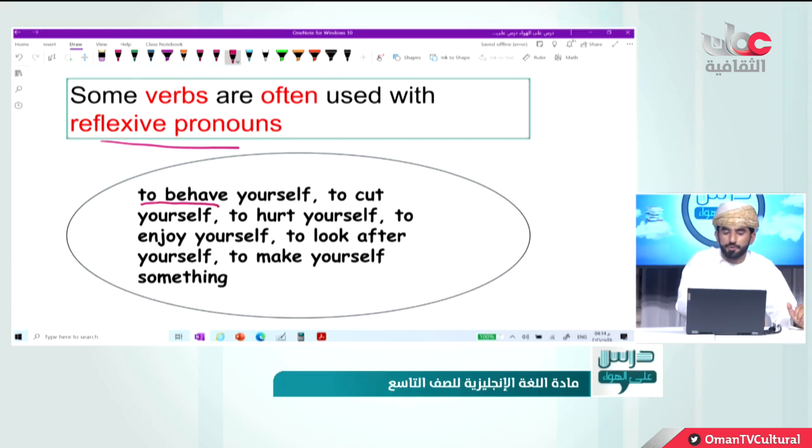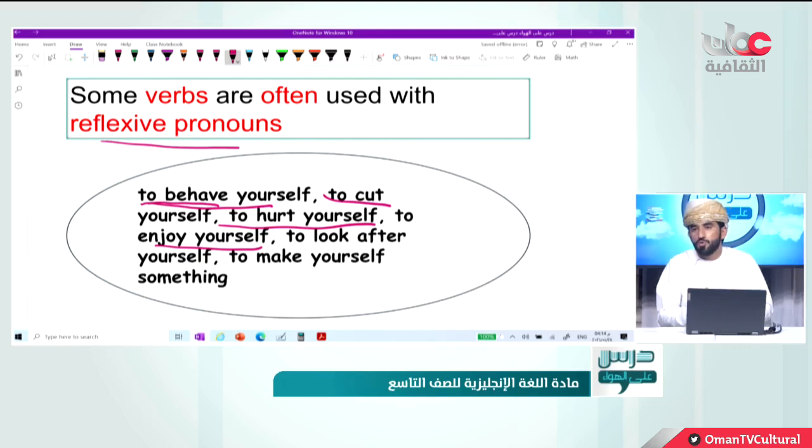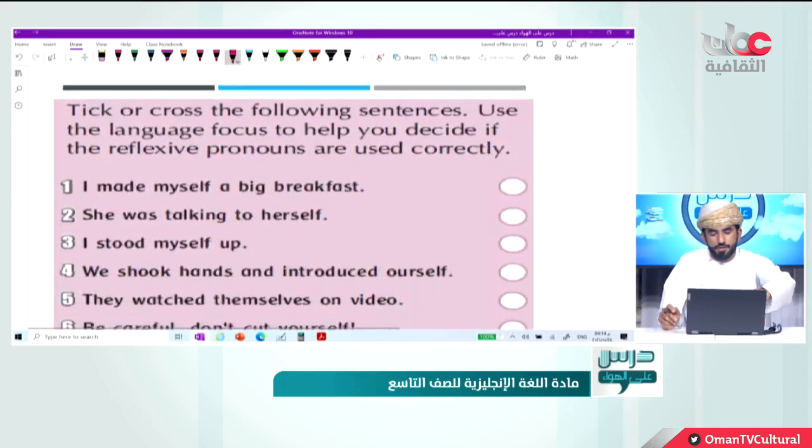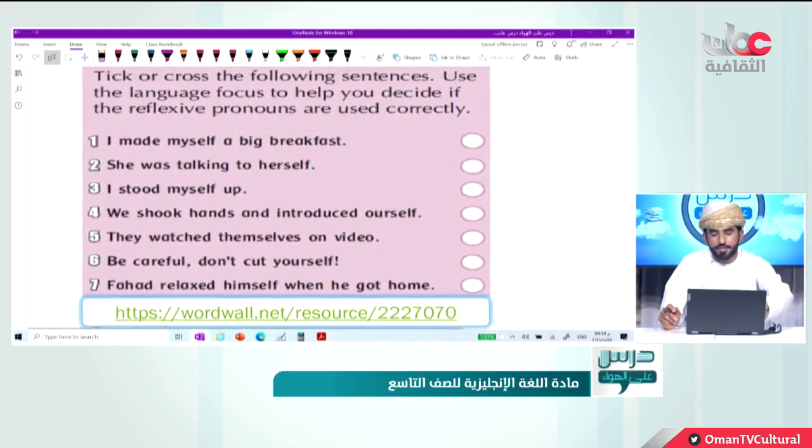For example, to behave yourself, to cut yourself, to hurt yourself, to enjoy yourself, to look after yourself, to make yourself something. So we usually use those reflexive pronouns with those verbs: behave, cut, hurt, enjoy, look after, make. Okay? Right. Now have a look at this task very quickly.